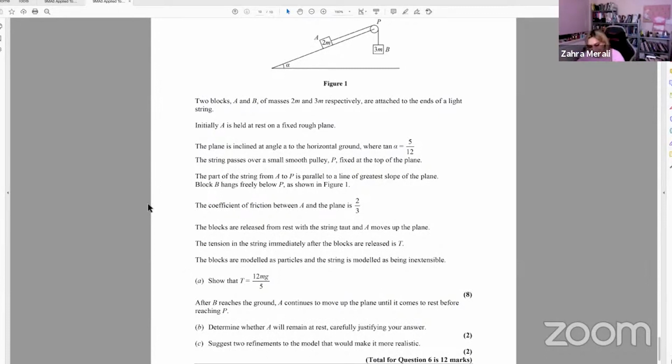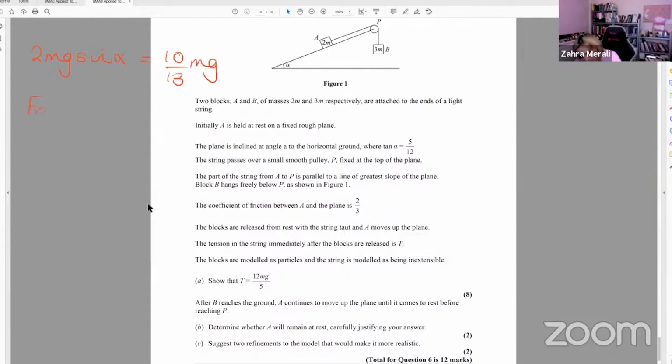So the force going down the slope was 2mg sine alpha, and sine alpha was 5/13. So that gave us 10/13 mg. So that's my force going down the slope.